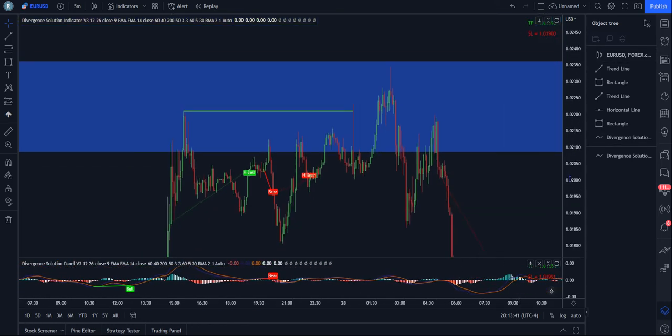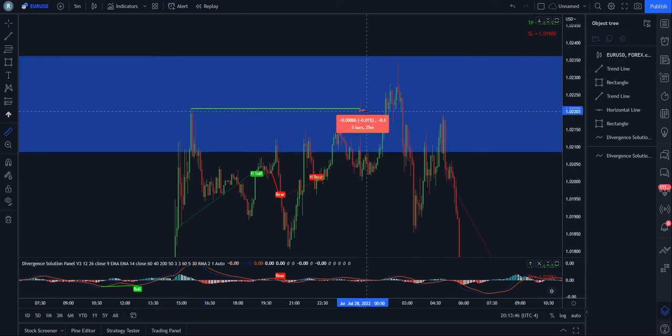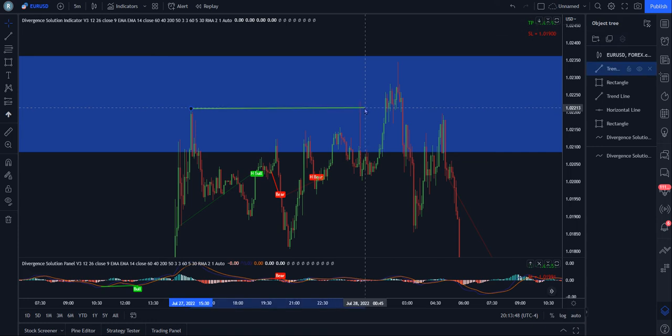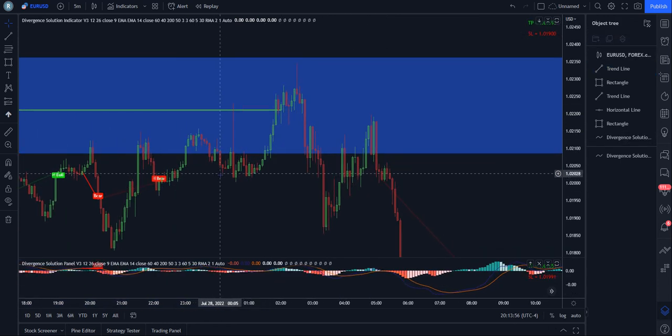So wait around. So now we get another push up. And here's the thing, even if you did get in that, you would have quickly been stopped out.